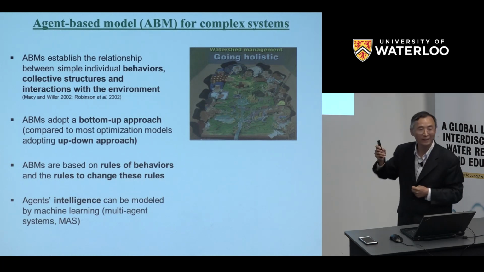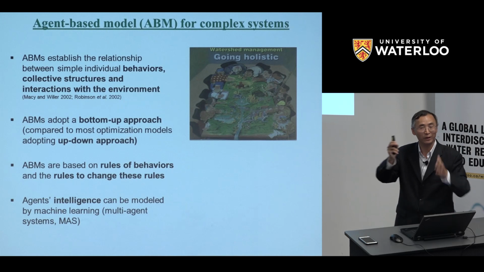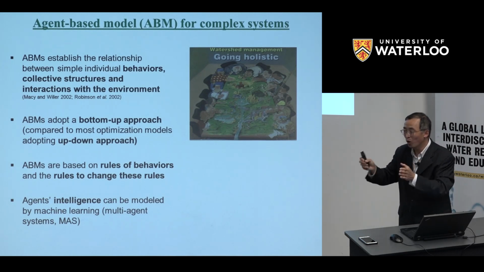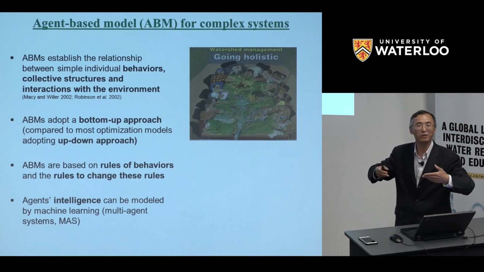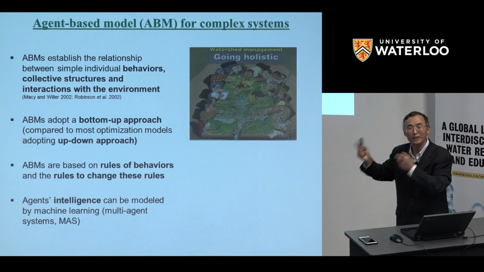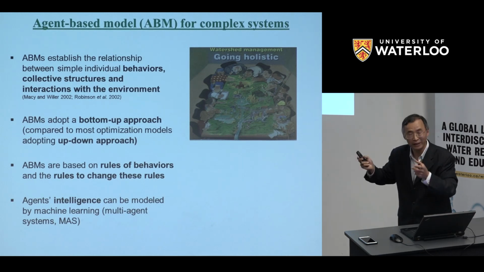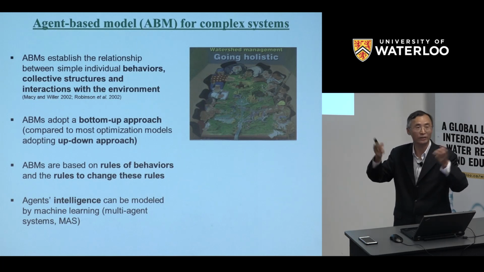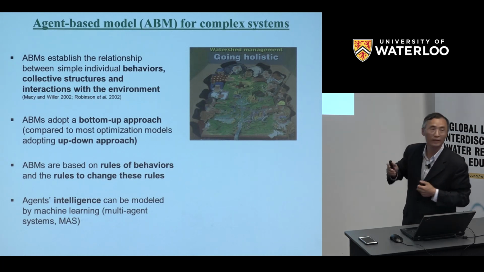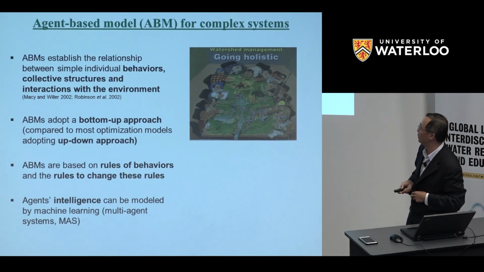To my understanding, with this agent-based model, we first recognize the role of individuals. Then we simulate and try to understand how different individual behaviors will form a phenomenon at the system level. So basically, we would say this is a bottom-up approach.